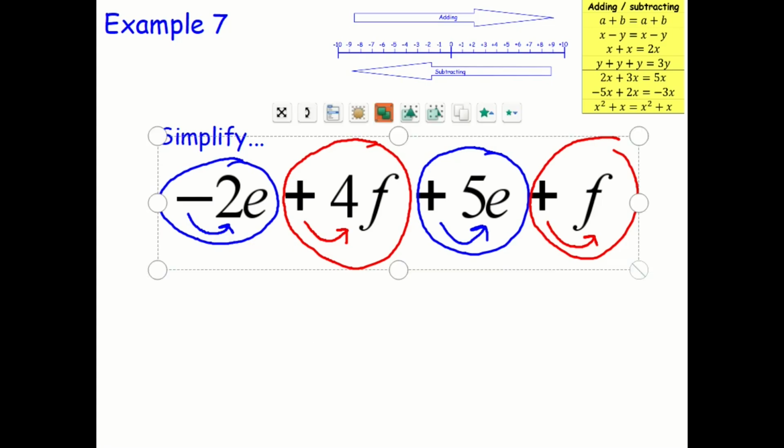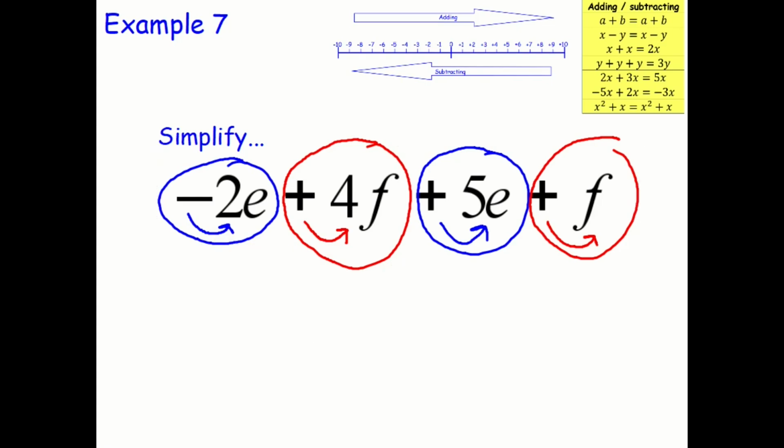Minus 2 plus 5. Well, if I go to minus 2 plus 5 on my number line, minus 2 plus 5 takes me to positive 3e on my number line.